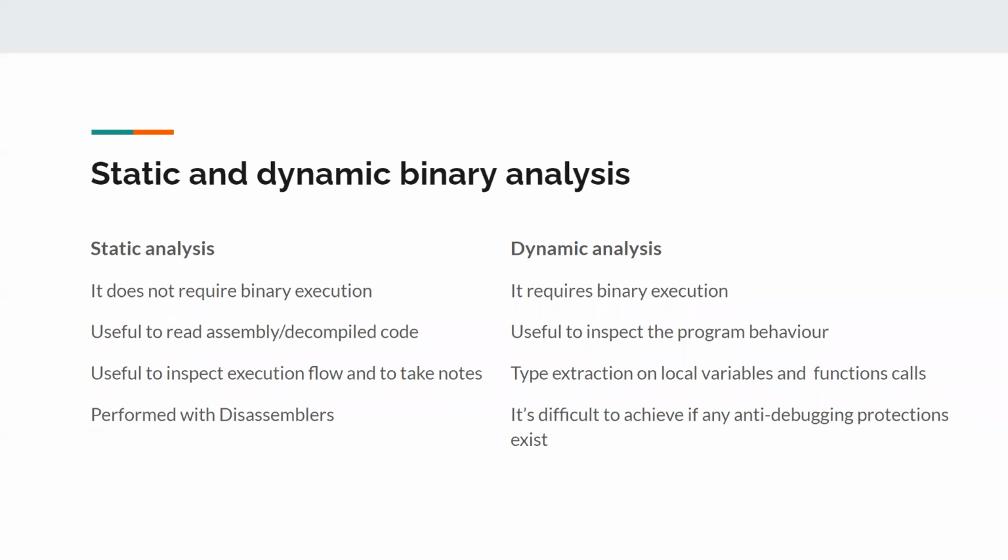So one can use disassemblers for this work, using the static view of the assembly code to take notes and understand the execution flow, and to know what we should expect to see when we run the binary through the dynamic analysis process. Through dynamic analysis, we execute the binary and then step by step follow the program flow and see what things are being called and used from within the code.